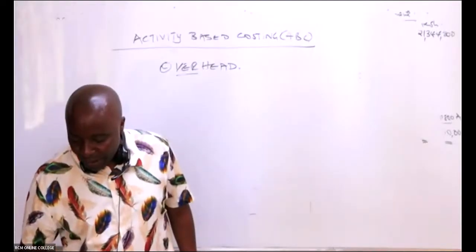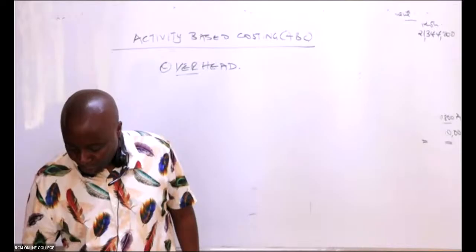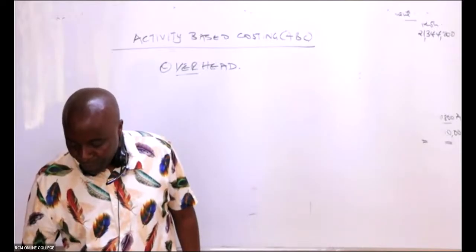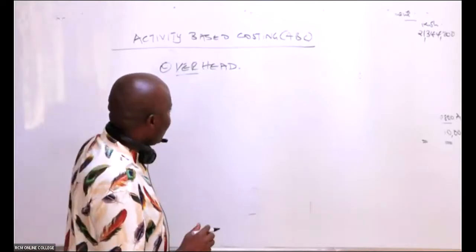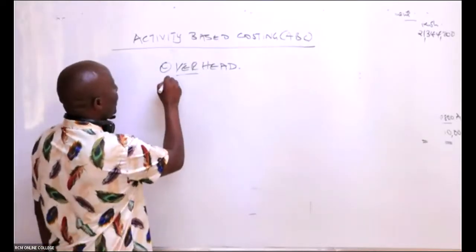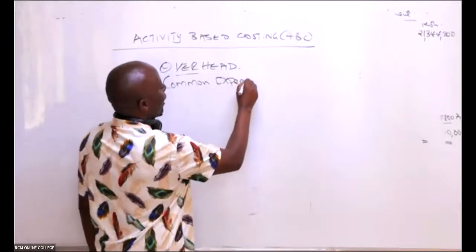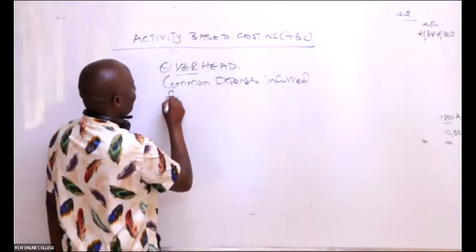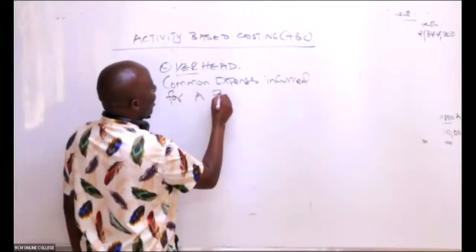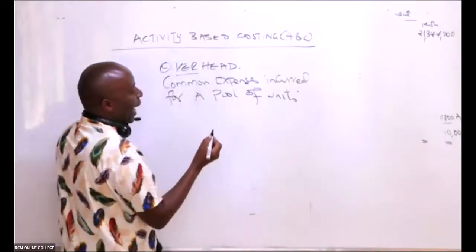These common expenses, at the end of the day, will need what we call apportionment. They are common expenses incurred for the benefit of many units, a pool of units. They could be 100 units.